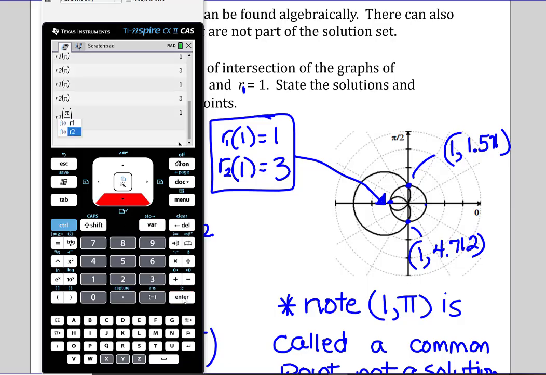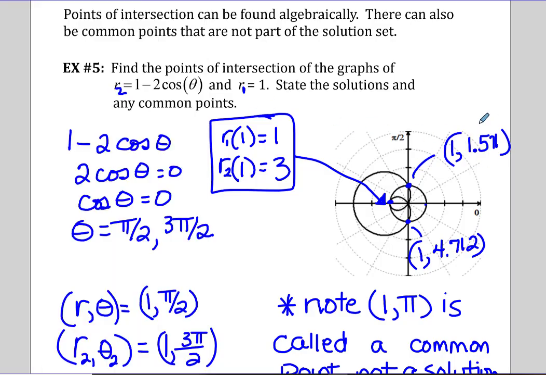And on the cosine curve at pi over 2, you see how they're not a common point? That's a solution.